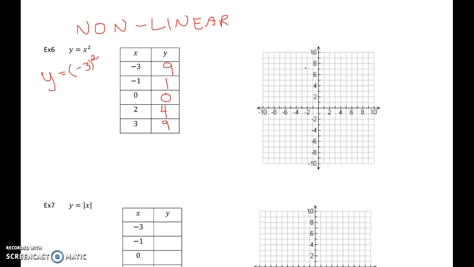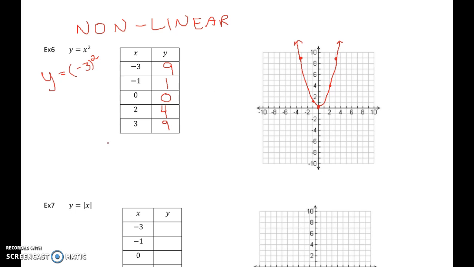So if we plot -3, +9, -1, +1, 0, 0, 2, 4, and 3, 9, it makes kind of a V shape, but we're going to connect it more with a curved U shape.